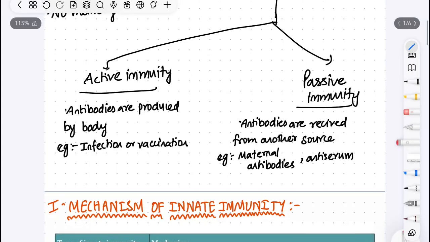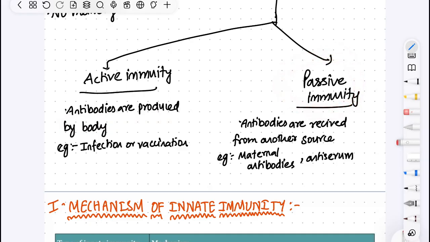Suppose, take an example, you have taken a COVID-19 vaccination. After you have taken the vaccination, your body identifies that some foreign particle has entered and it generates specific antibodies and creates some memory. So active immunity involves production of antibodies within the body.